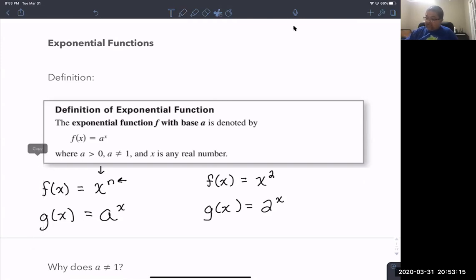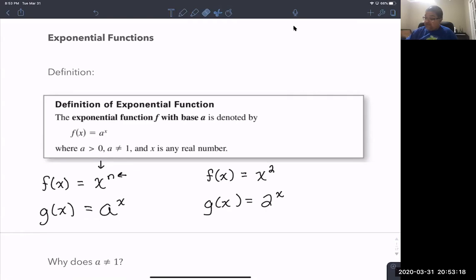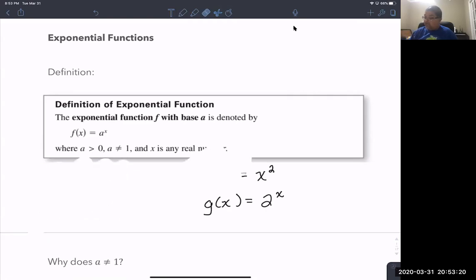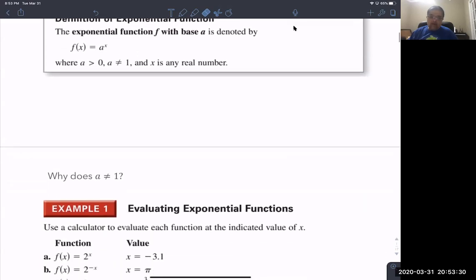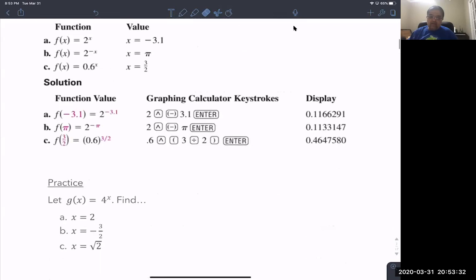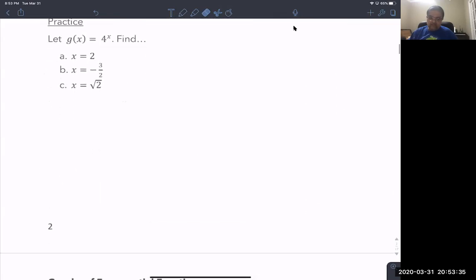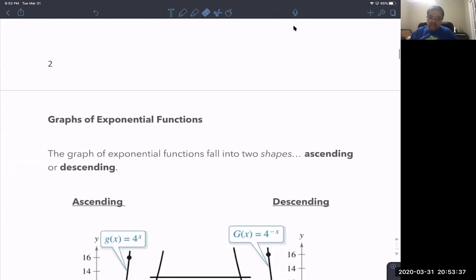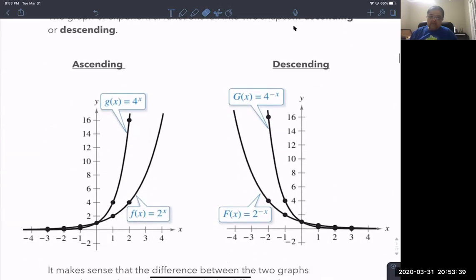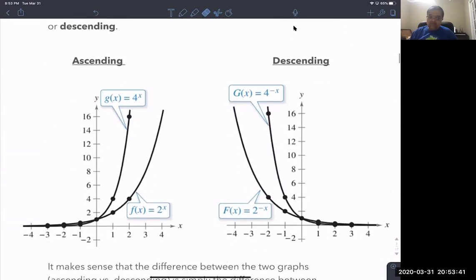Now, we talked extensively about the graphs of a polynomial function, and the characteristics and how to find the zeros of a polynomial, etc., in the last chapter. So now we're going to be talking about the graph of an exponential function. And there's two types of graphs when we talk about exponentials.